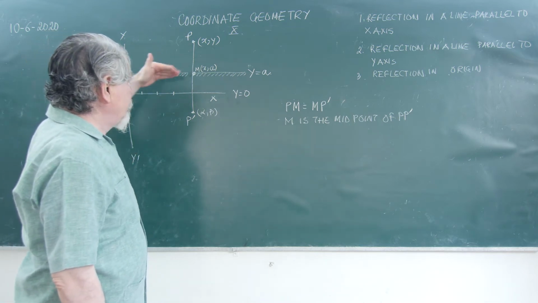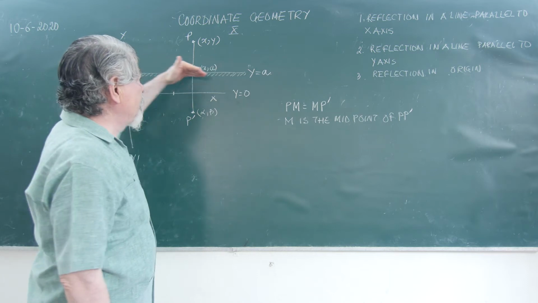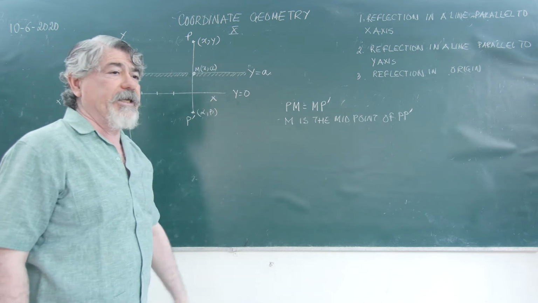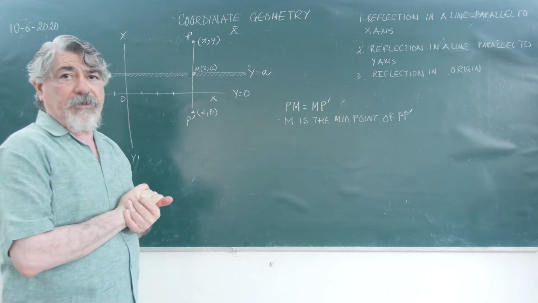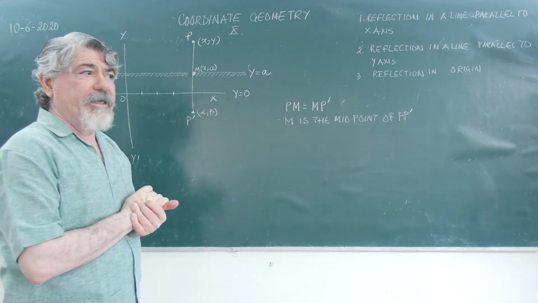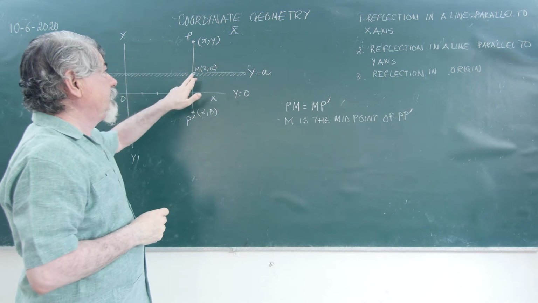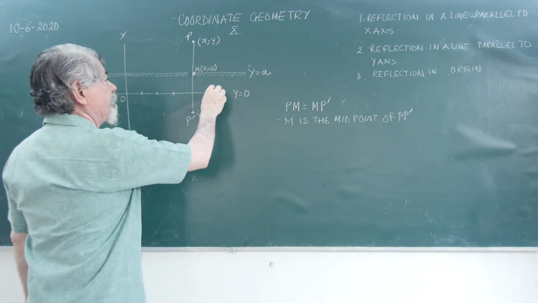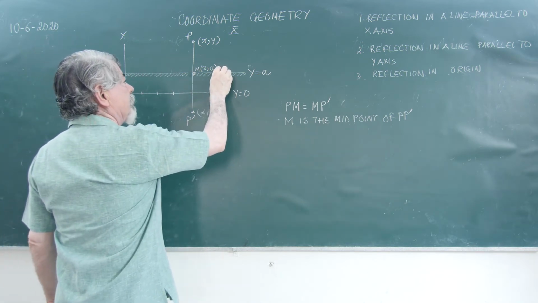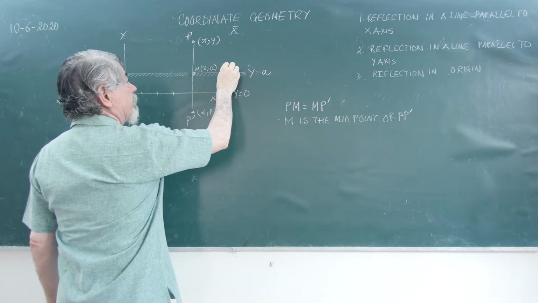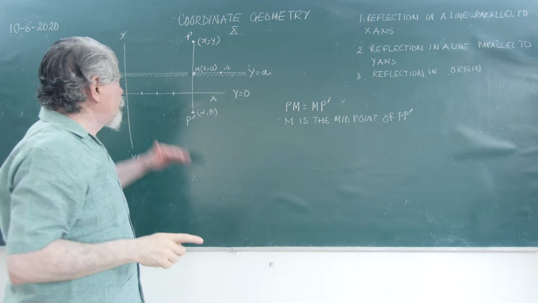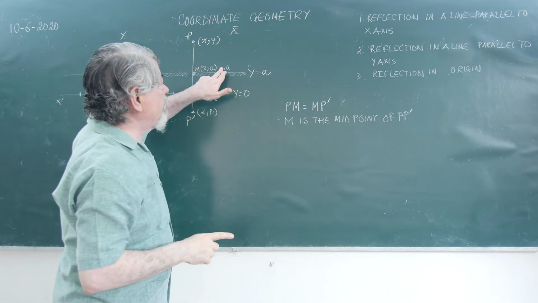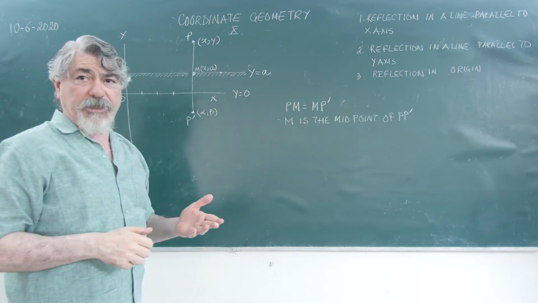Now you see, if a point is lying on this line which is y is equal to a, that means its y coordinate will always be a, only the x coordinate will change. If I bring it here and bring it up here, then even then the y coordinate will be a only, because y is equal to a. So on this line the value of y will remain the same, only the x will change.